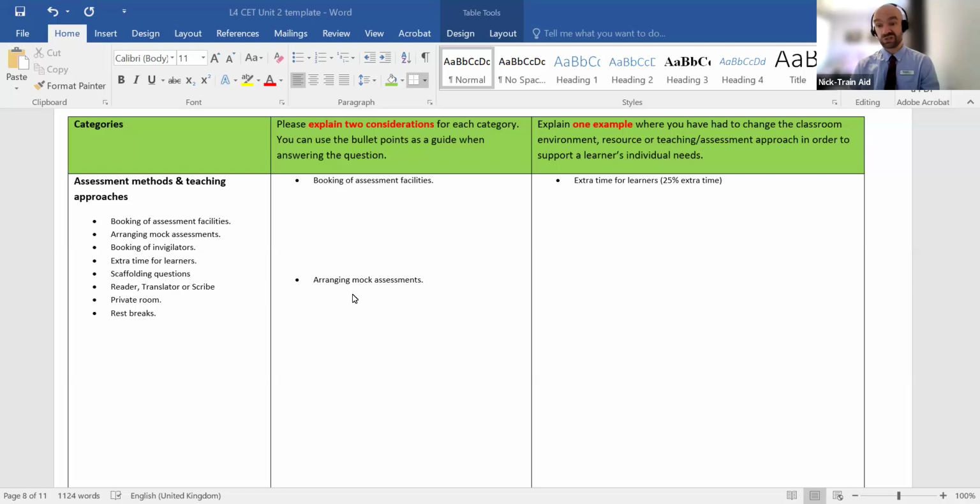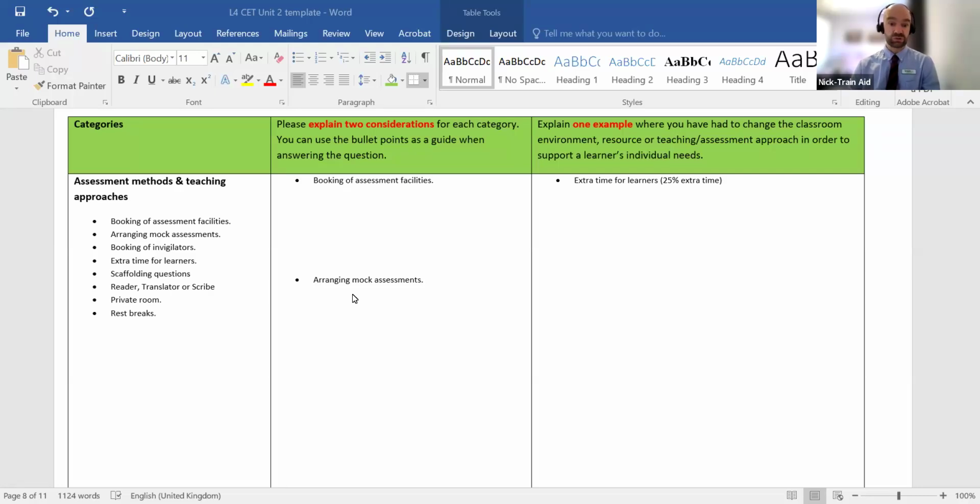So as mentioned, booking of assessment facilities. So this is very, very important. So as a former college teacher, I used to obviously book out examination rooms, for example, a sports hall, where my learners' exams would be taking place.